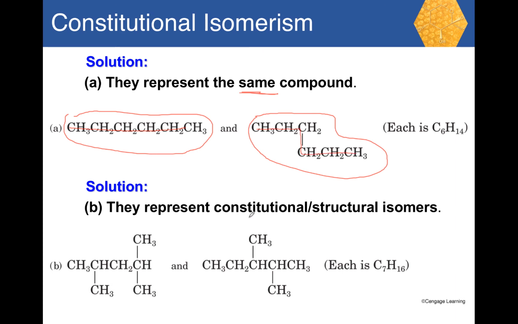However, these are constitutional or structural isomers because, as we said here, the connectivity are different. There's no methyl group connected right here. So you have to be able to look at molecules and determine if they are the same or different.